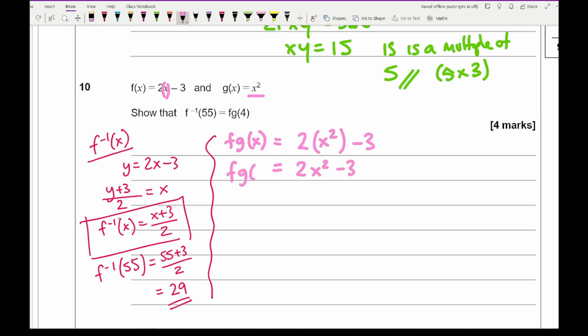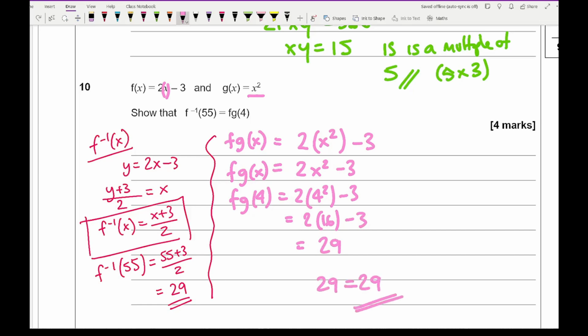Now I want to work out what fg of 4 is. If I substitute 4 into this, I get 2 times 16, which is 32, minus 3, which leaves me with an answer of 29. So 29 equals 29, and there we go.